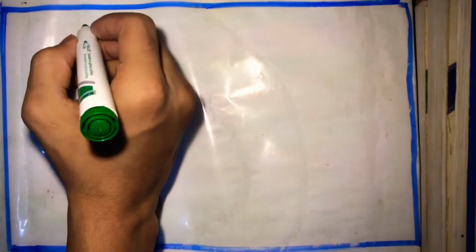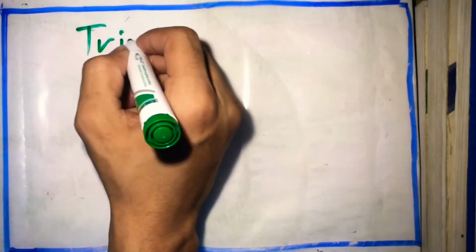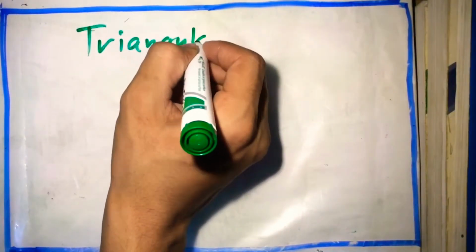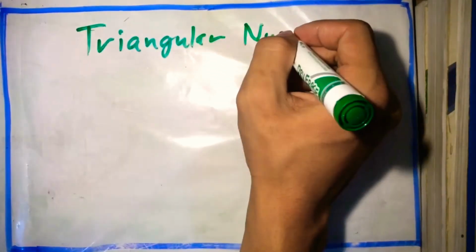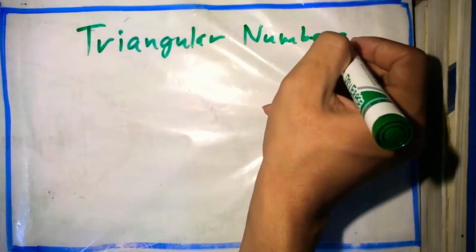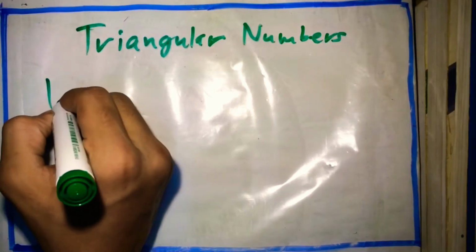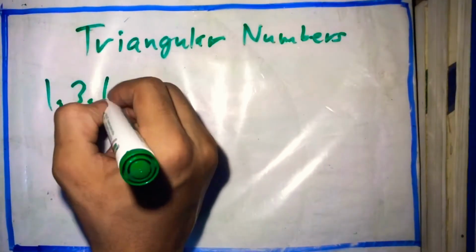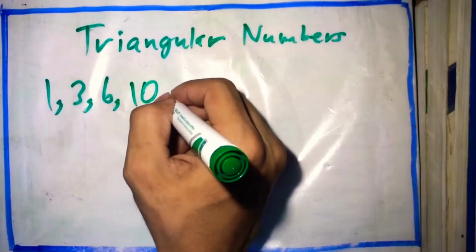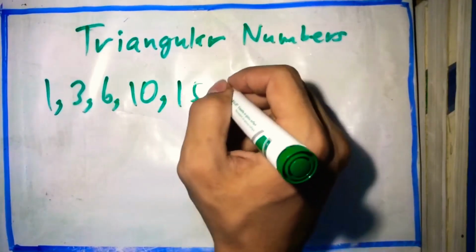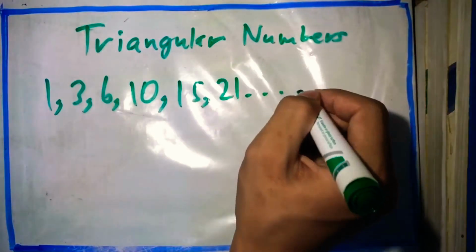Now the last sequence that we are given is called the triangular numbers. Here there is a difference between the numbers which is increasing by 1 each time. The sequence is 1, 3, 6, 10, 15, 21, and so on.